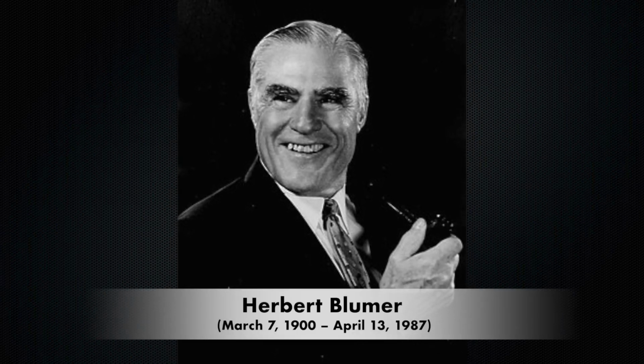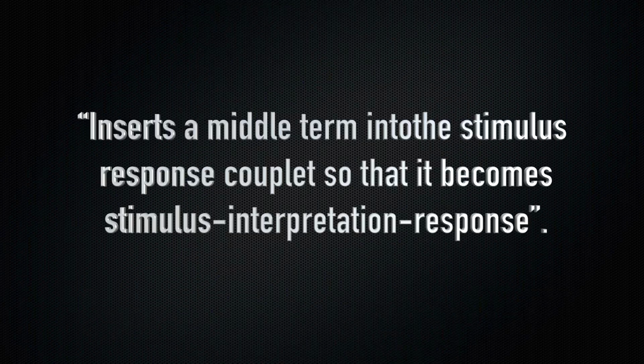Blumer proposed an interpretive model for sociology which inserts a middle term into the stimulus response couplet so that it becomes stimulus interpretation response. This can be understood as stimulus interpretation response for the symbolic interaction perspective.